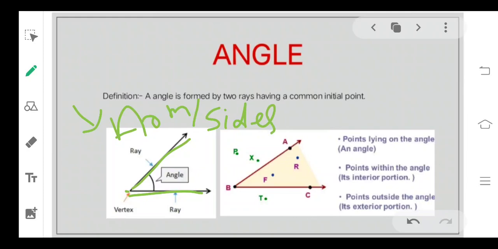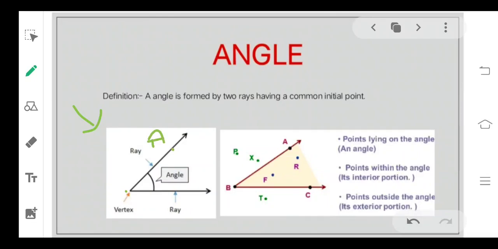Next, the common initial point of the angle is the vertex of the angle. We can name these angles. Students, as you see in this angle, I am going to write down the name: angle AOB.